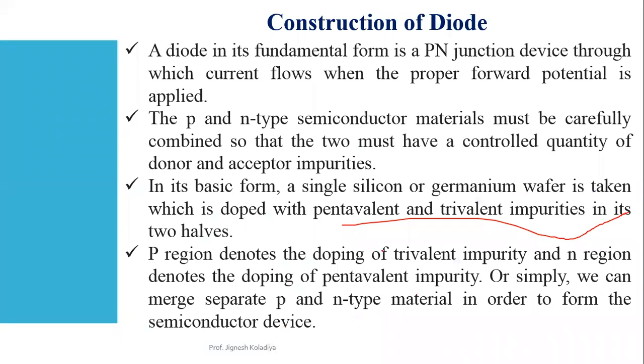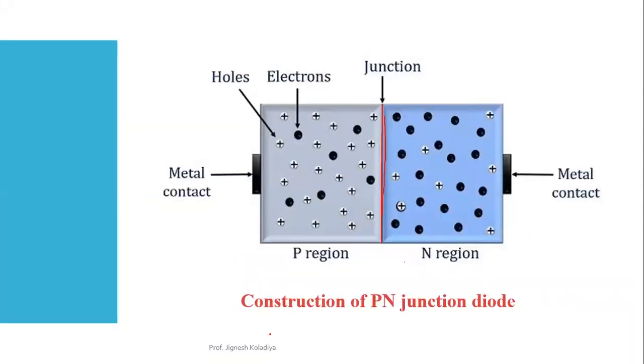P region denotes doping of trivalent impurity, and N region denotes doping of pentavalent impurity, or simply we can merge separate P and N type material to form the semiconductor device. That you can see in this figure also.